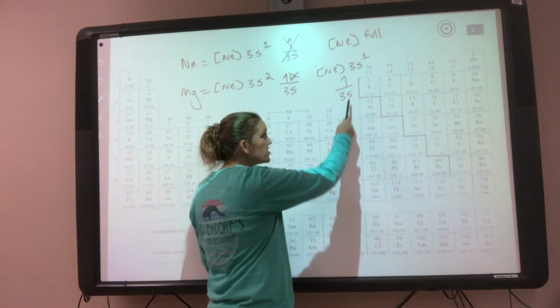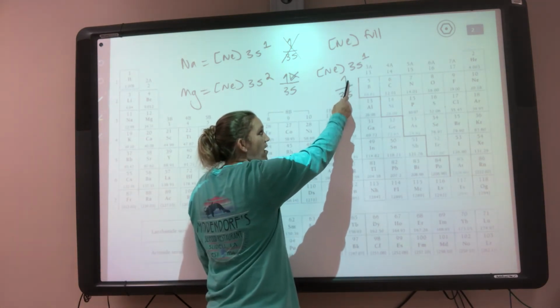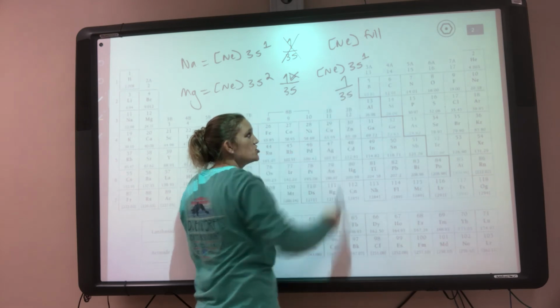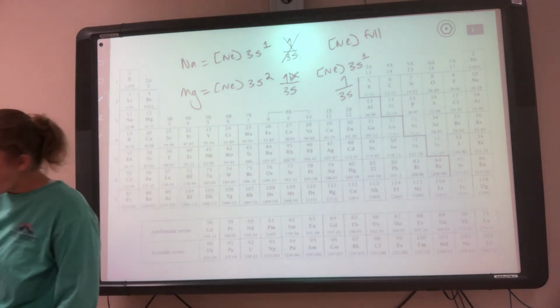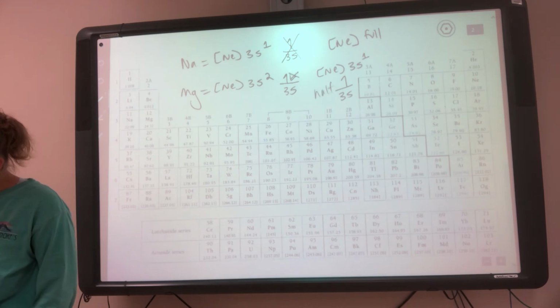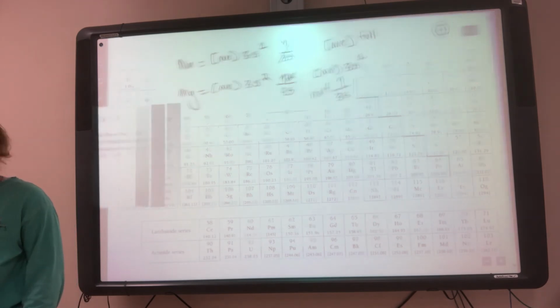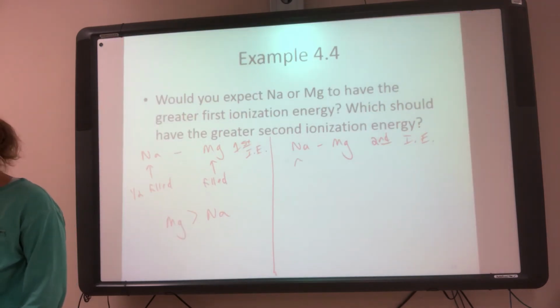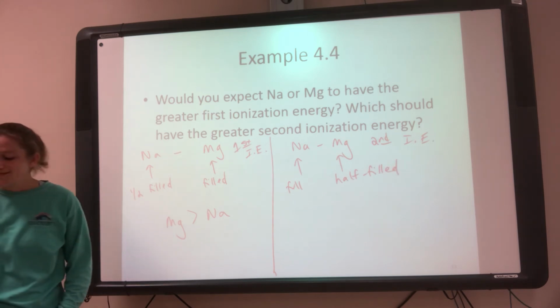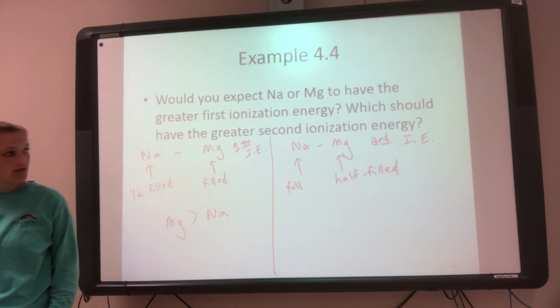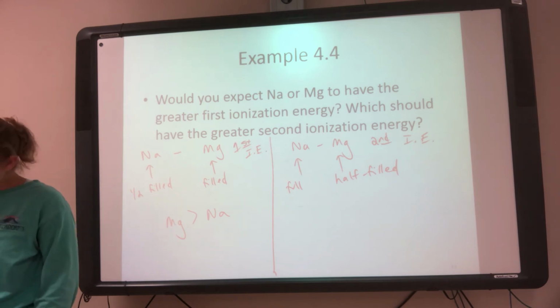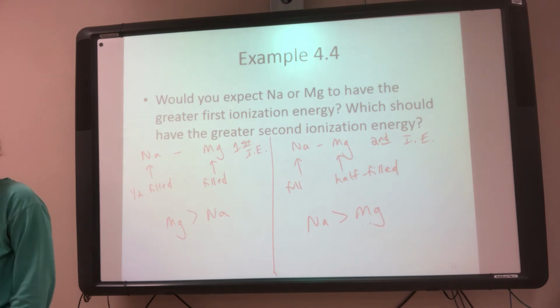It's not full because I already took one away. So after the first ionization energy, it is half filled. When I'm talking about the second ionization, sodium is full and magnesium is half filled. So for the second ionization energy, because sodium is full, it is going to be harder to remove than from magnesium.